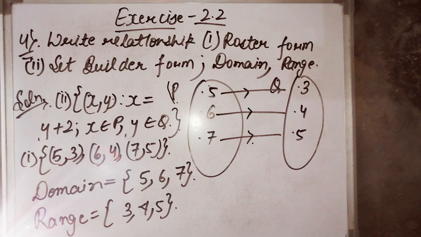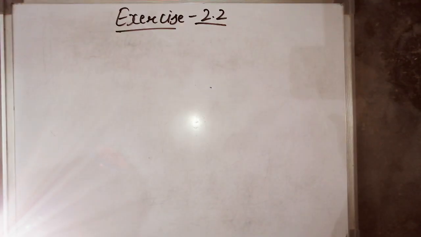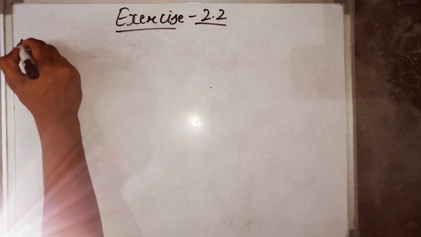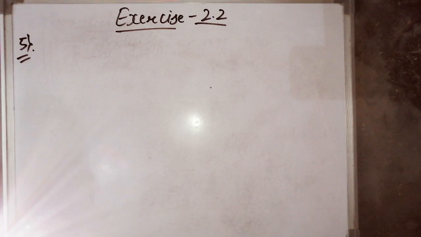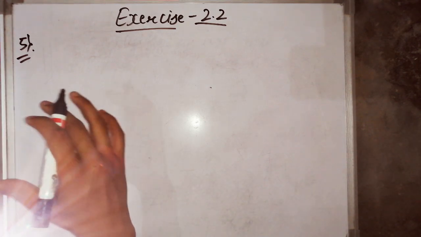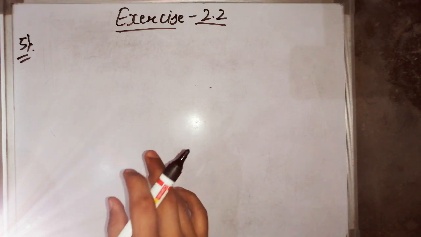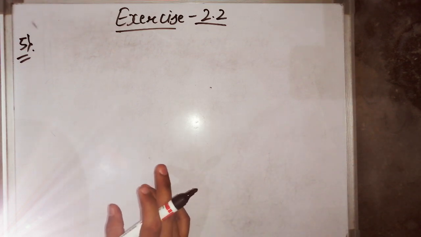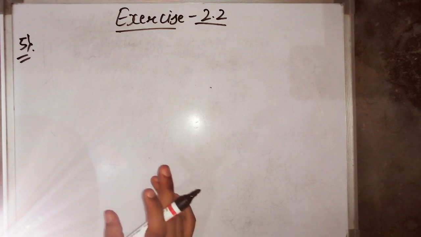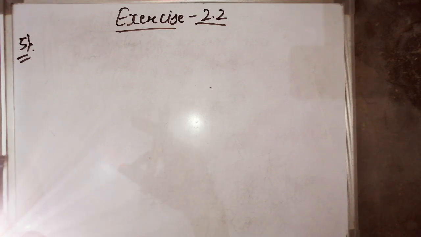Now let's have a look at the fifth question of this exercise, but before that pause the video to note it down. Okay students, let's see what is the question. Fifth question states that let A is equal to 1, 2, 3, 4, 6 and R be the relation on A defined by a b, where a and b belong to A and b is exactly divisible by a.